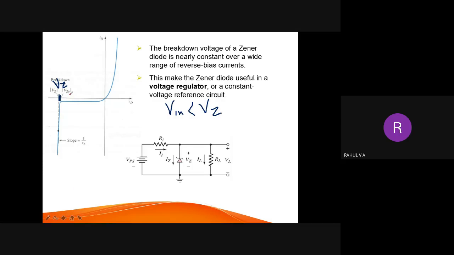That means it is somewhere here. So in this region, breakdown is not happening. At that time, breakdown will not occur. Only a very small amount of current will flow through the Zener diode. Very negligible current will flow through the Zener diode. So nothing happens. It will not conduct. So whatever input you apply, that will come at the output. Is that point clear?